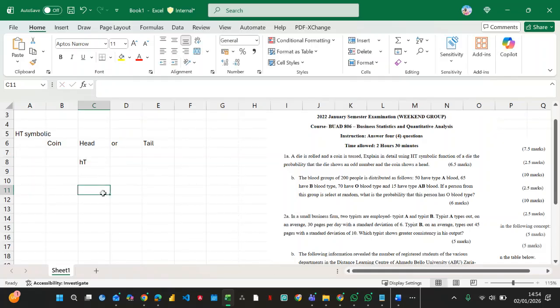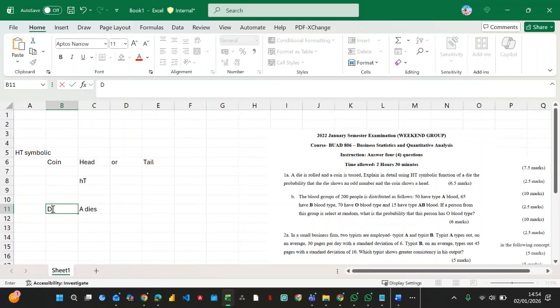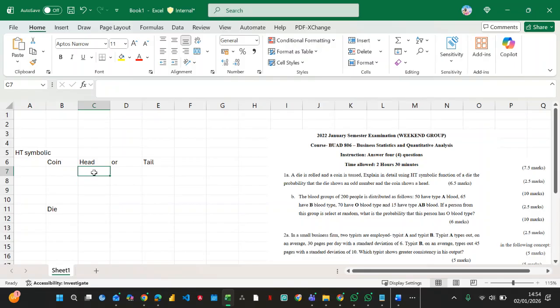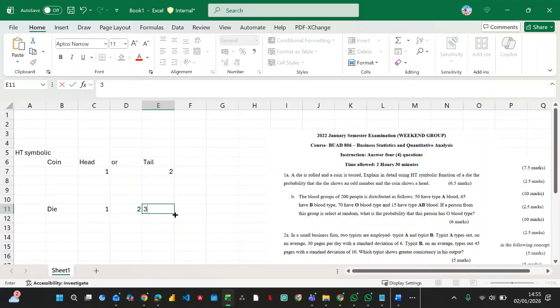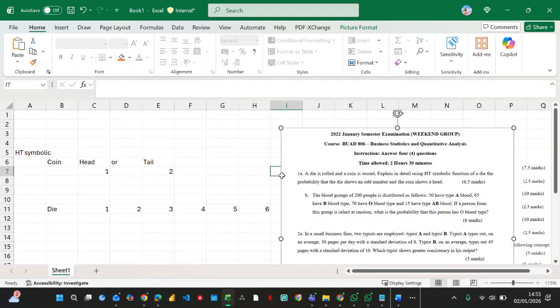That's what it means. And for a die, the possible outcomes when you roll it are one, two, three, four, five, and six.